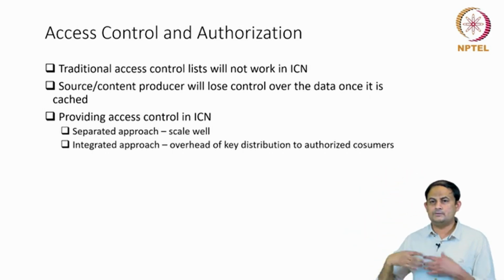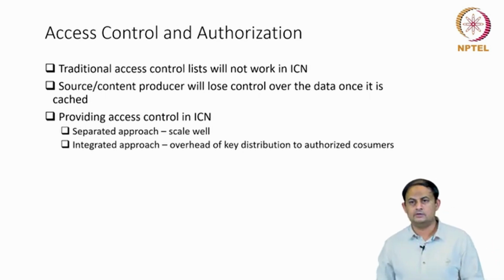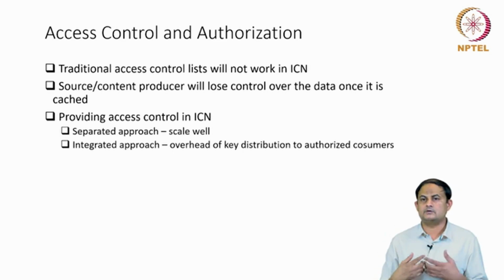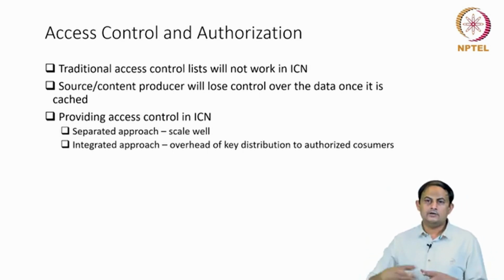So for example, if some content is sensitive, if I take the case of some data generated in a military setup, or some data which can be consumed by only some paid users, such content needs to be protected, and you can enforce the access control mechanism.